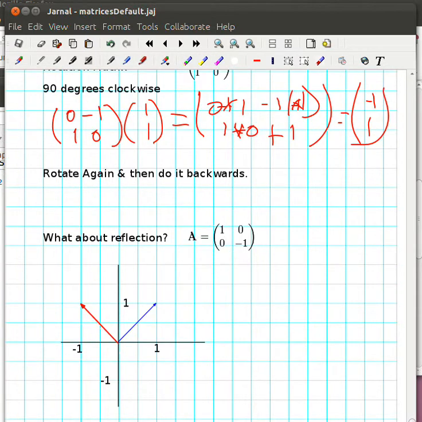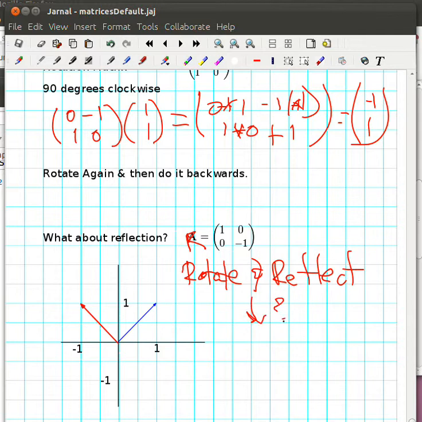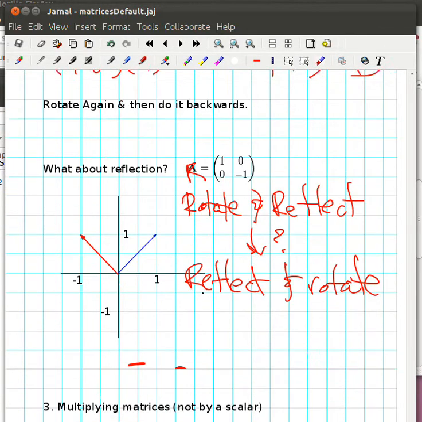So let's call this one R. So what if we rotate and then reflect? Would that be the same as reflect and rotate? So let's see how that's done.